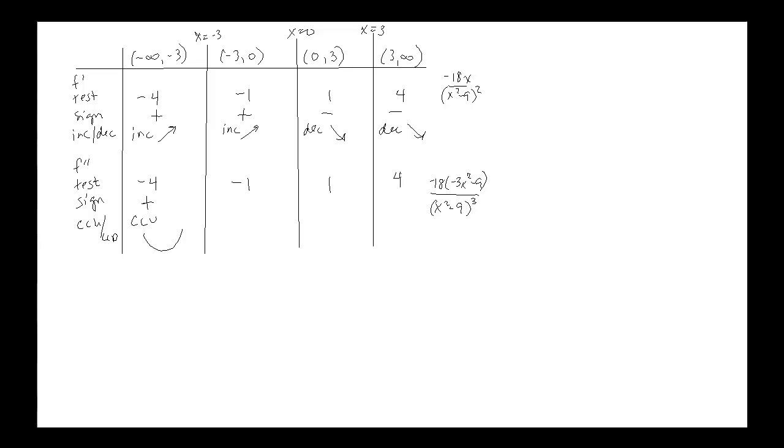I get negative 0.42. Now it's concave down. Okay, let's change this to positive 1. I get negative 0.42 again, concave down. I change the 1 to a 4, 2.99, so positive, concave up.